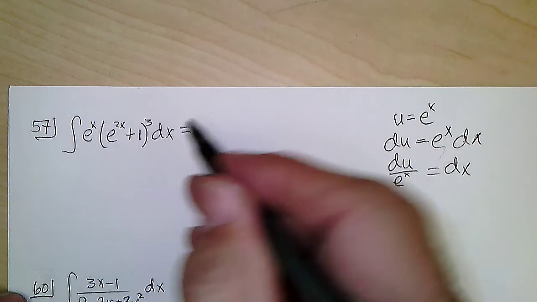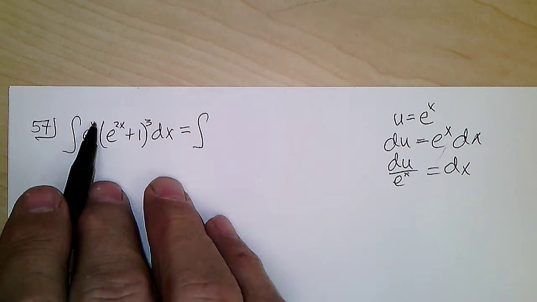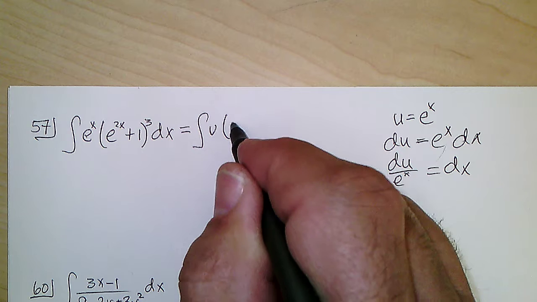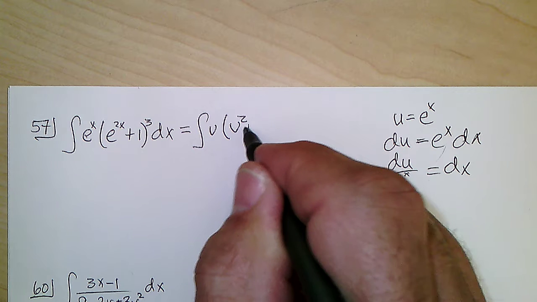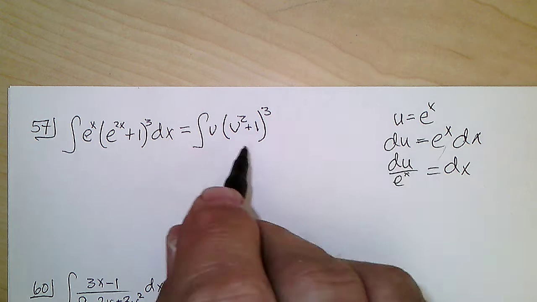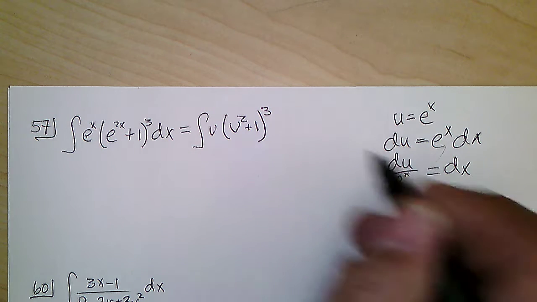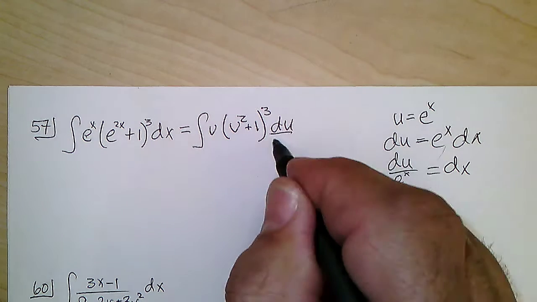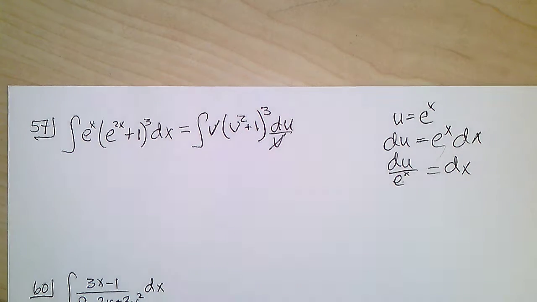So this would become the integral of u times u squared plus 1 quantity cubed, and dx becomes du over u, and these cancel.